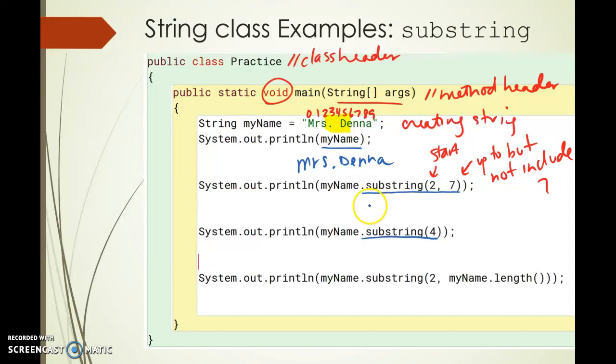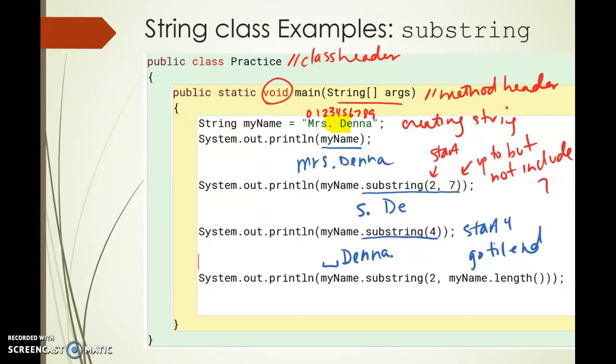So that would print S period space DE. Now the next one says that it is going to start at index 4, and since it's only 1 parameter, it will start at 4 and go till the end. So this one is going to start at the space, so I'm just going to put that to show a space, and then we'll print the Dena.